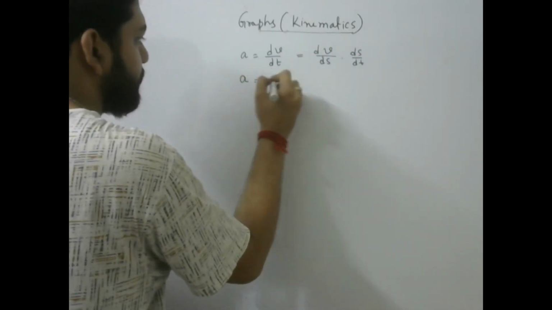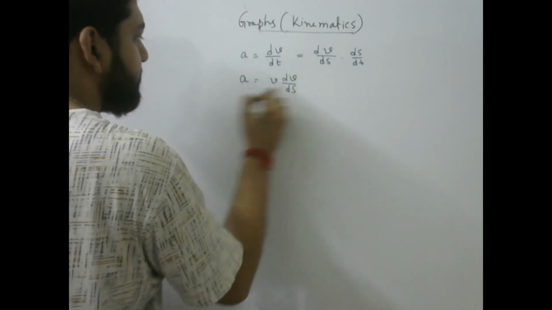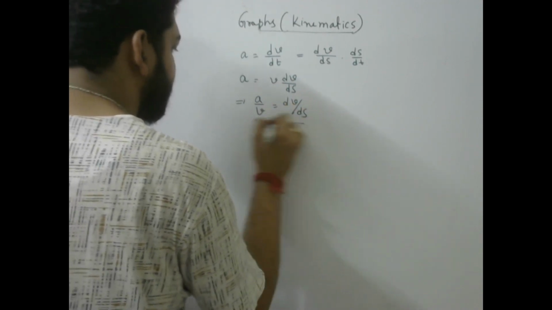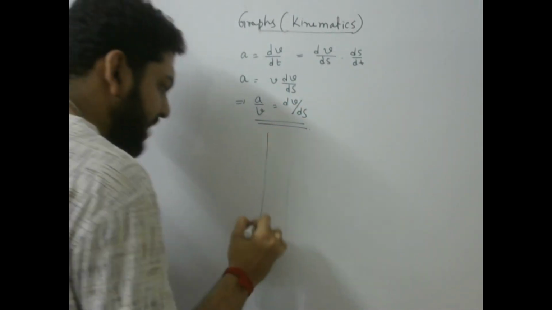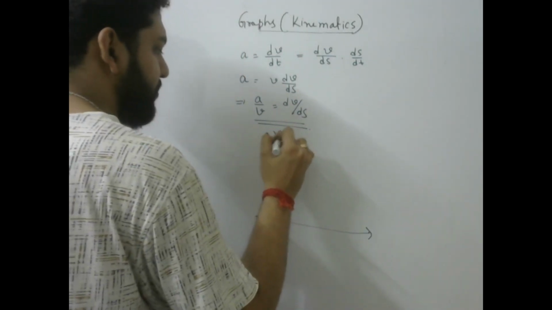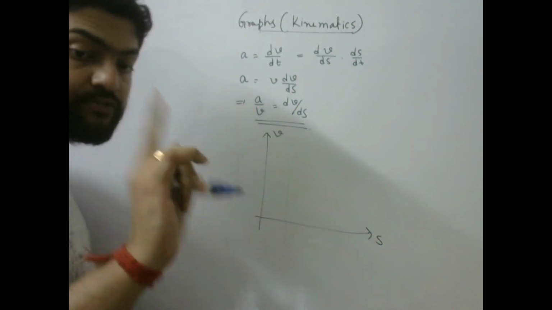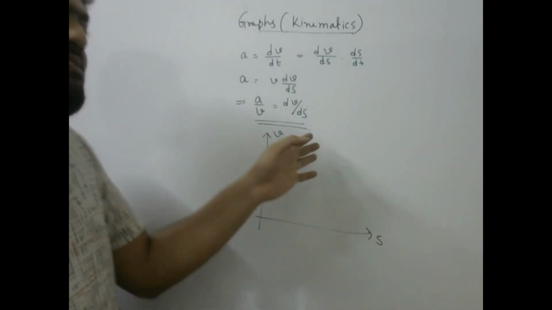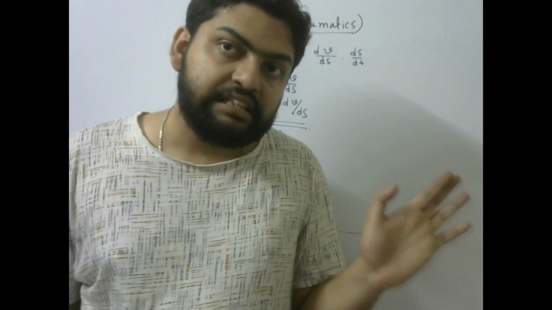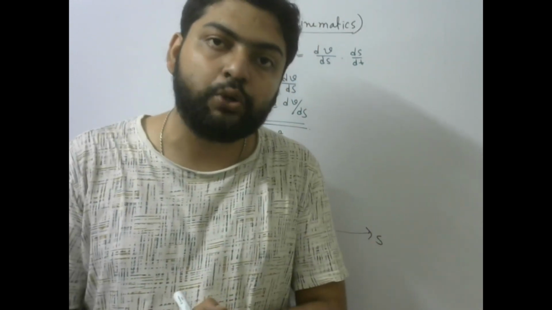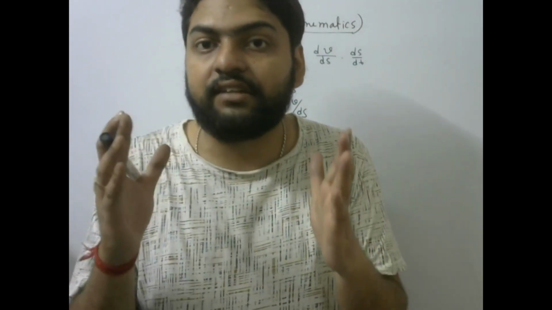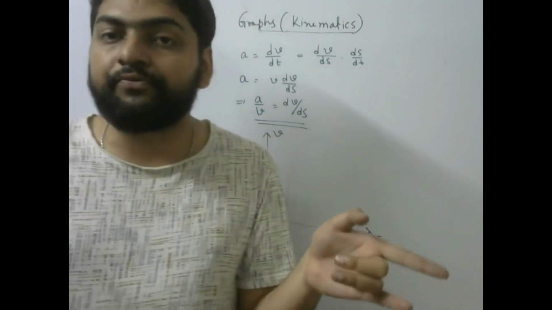So a equals v dv/ds, or a by v equals dv/ds.